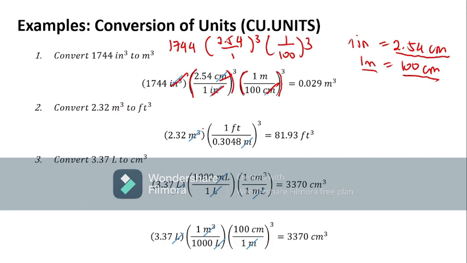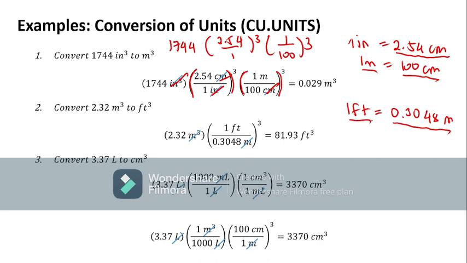Next, so, convert 2.32 cubic meters to cubic feet. So, we will have, direct conversion, meron tayong direct conversion ng feet to meters, pero walang cubic meters to cubic foot. So, for every 1 foot, we will have 0.3048 meters. So, kung meter to, dapat yung 0.3048 meters din. Disregard nyo muna yung raised to 3. So, palagi nyo munang kunin yung unit lang. Huwag nyo munang tignan yung exponent. So, kung meter to, dapat yung buong ito nasa denominator din para mag-cancel out yung meter tsaka yung meter.